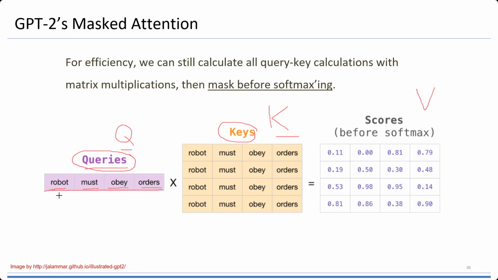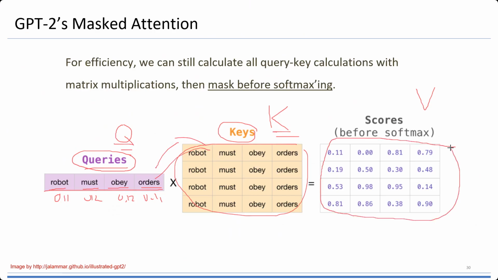After we have this query, let's suppose we have values, maybe 0.1, 0.2, maybe 0.12, 0.15, and so on. And the key will also have values in terms of a matrix. I don't give the values now, but let's suppose after we do the multiplication between Q and K, we get scores. And these scores are before the softmax.